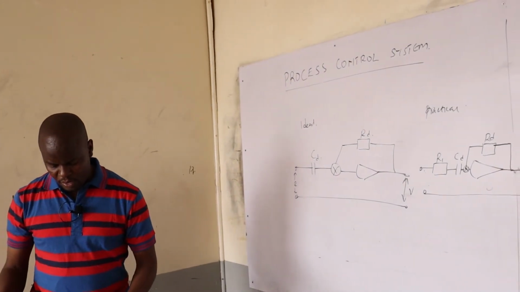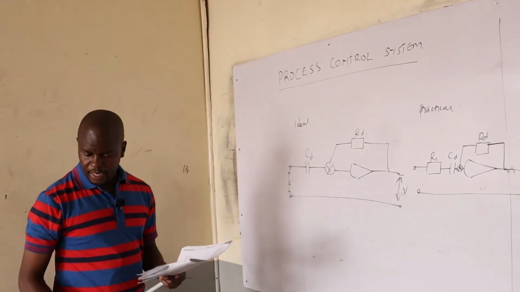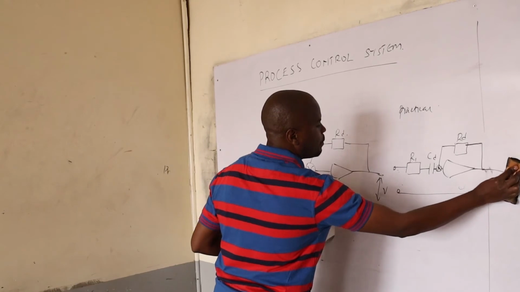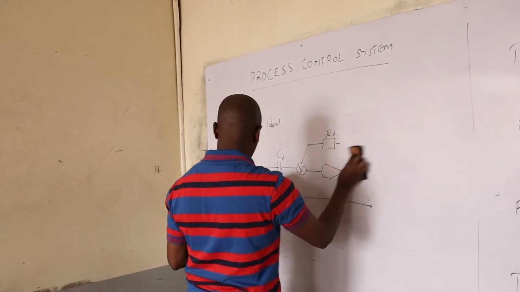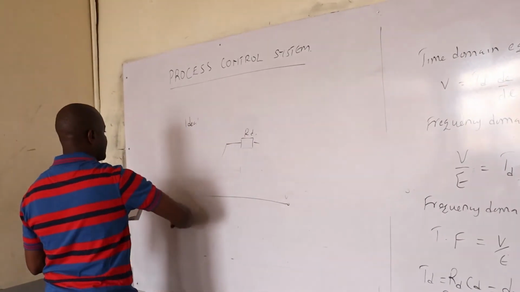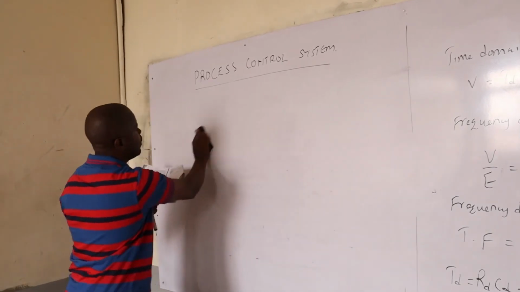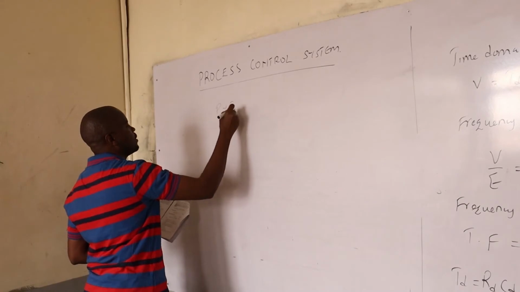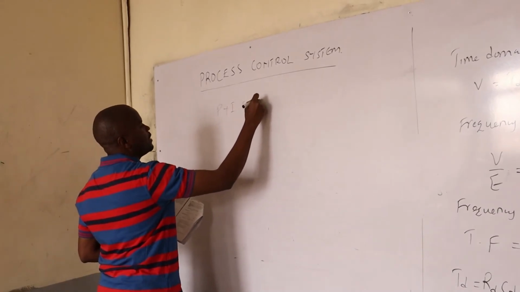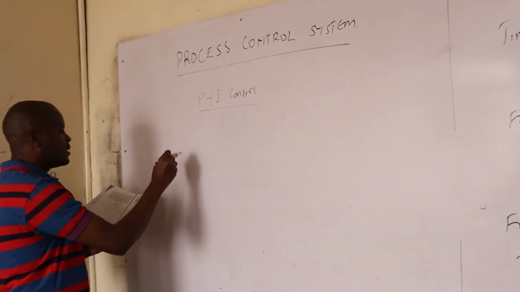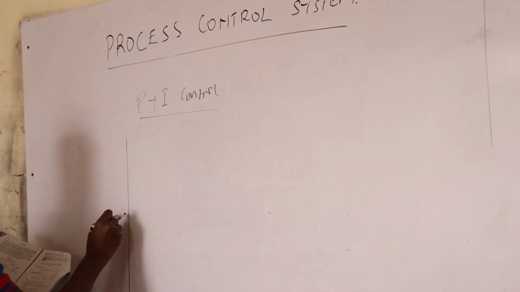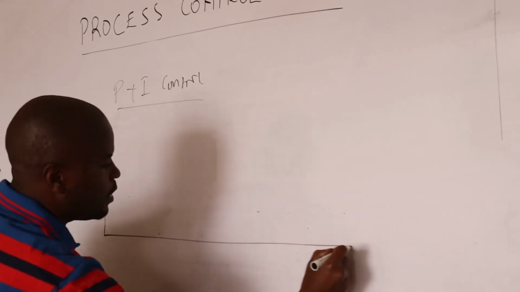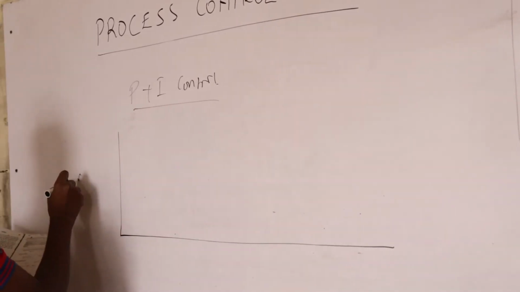Let's look at the step response of a proportional plus integral control, that is P plus I control. We can have our output V curve here.